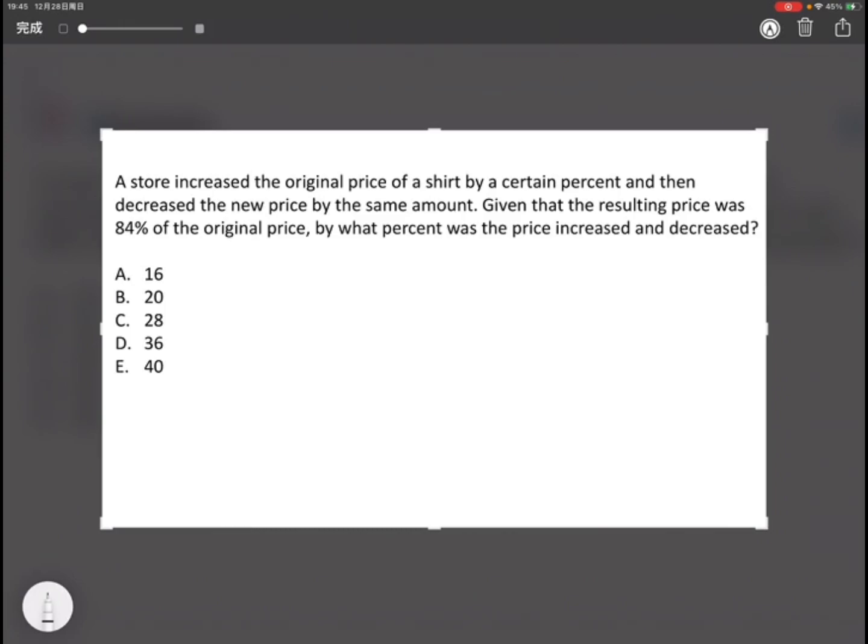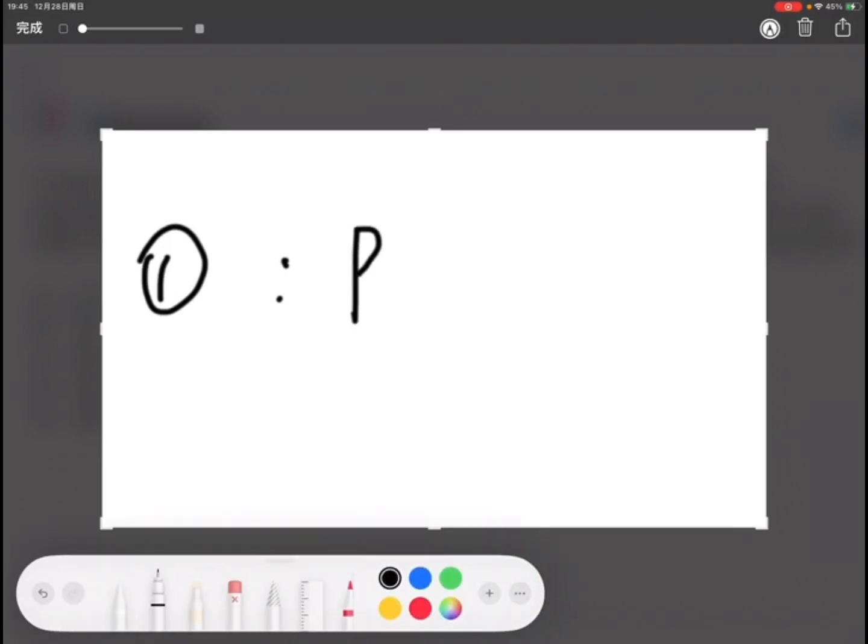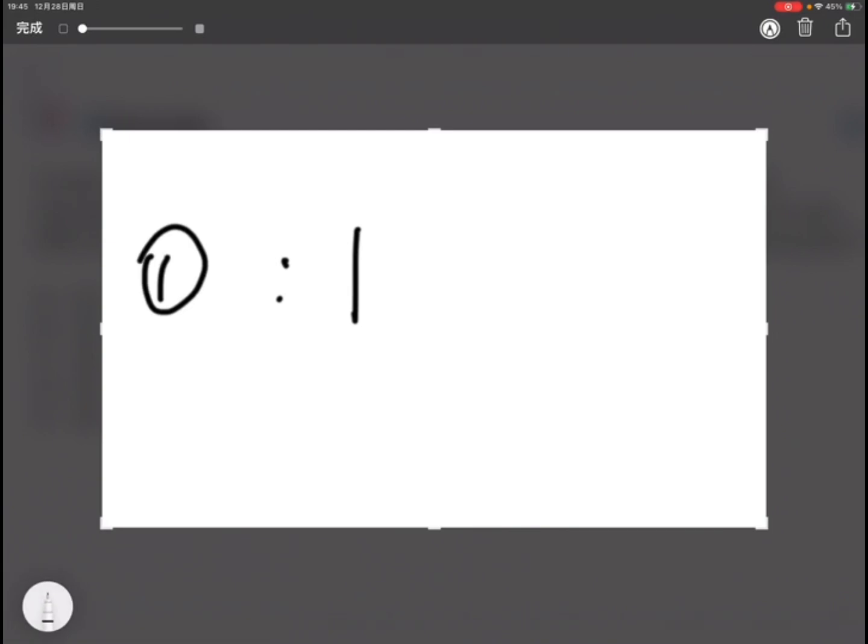So, the new price, the first time when it increased, we could say it's the original price, and the original price we could just use 1 because it's 100%, plus x.